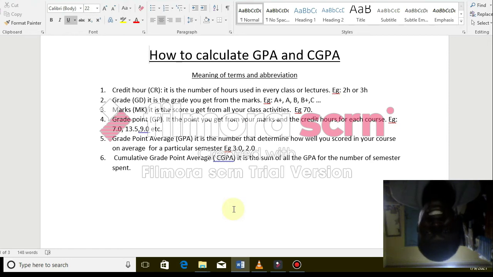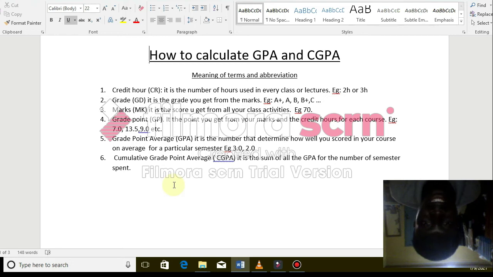Then we have the CGPA, which is the cumulative grade point average. It is the sum of all the GPA for the number of semesters spent. So it is like the total of all the GPA.